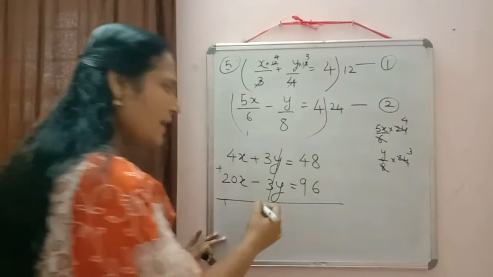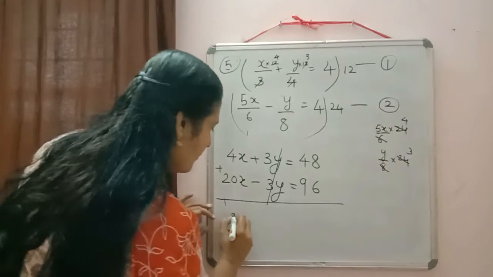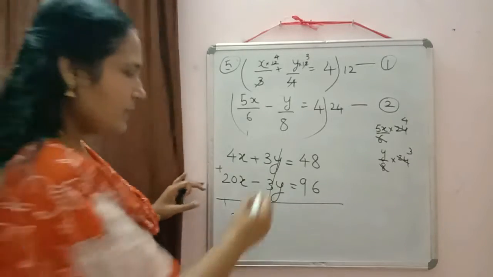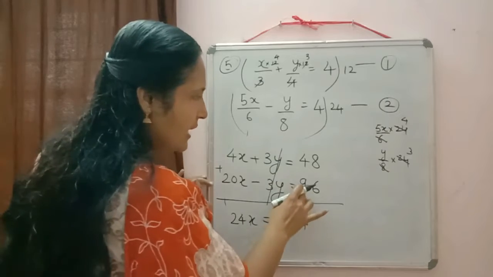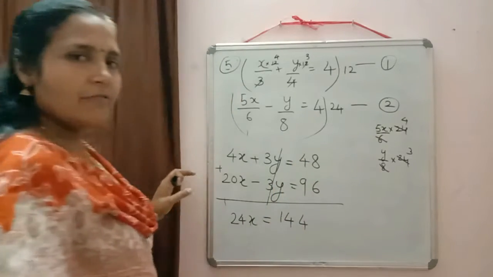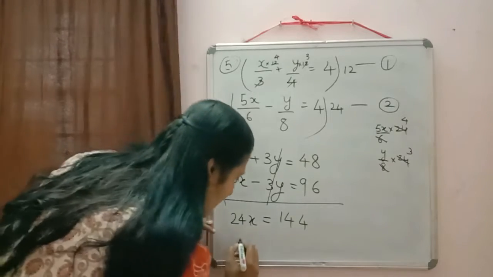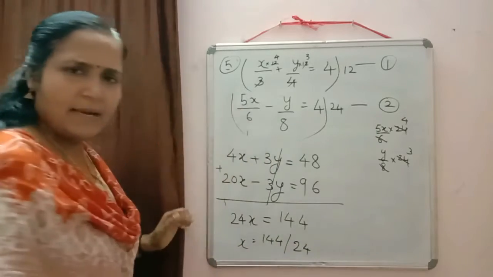Plus 3y and minus 3y will get cancelled. 20 plus 4 will be equal to 24x is equal to, here we can do the addition, 8 plus 6, 14, carry over 1, 9 plus 4, 13, plus 1 will be equal to 14. So 24x is equal to 144, or x is equal to 144 by 24.